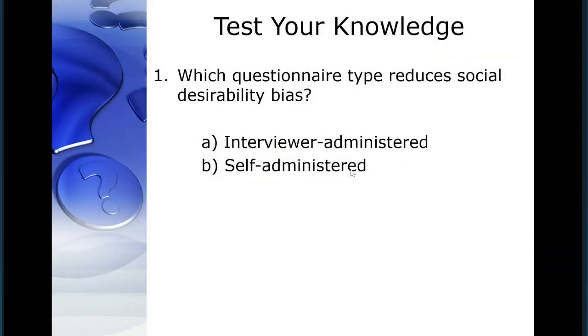Now, I just want to know which questionnaire type reduces social desirability bias. You can mention your responses, either A or B. The answer is self-administered questionnaires.